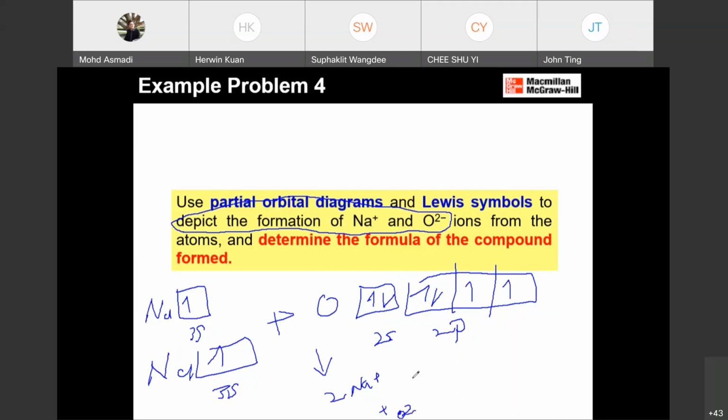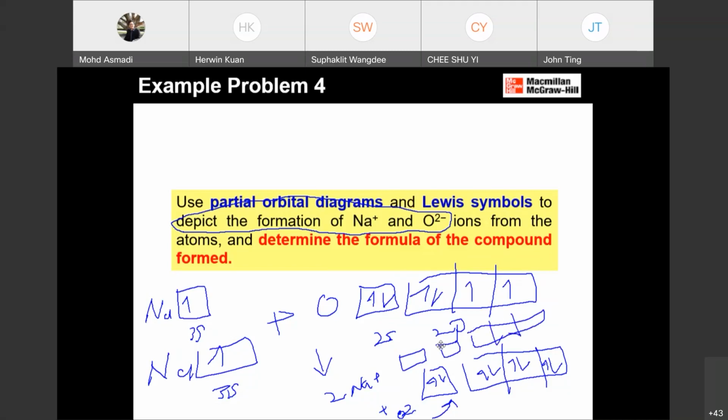Okay, so meaning that this one is for O2. Similarly also for Na. 1s, 2s, and then 2p.